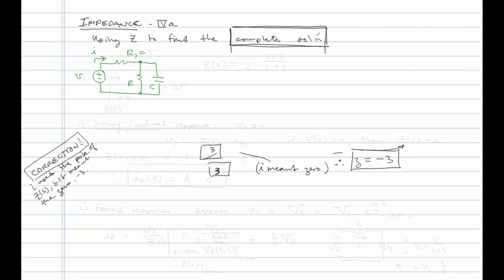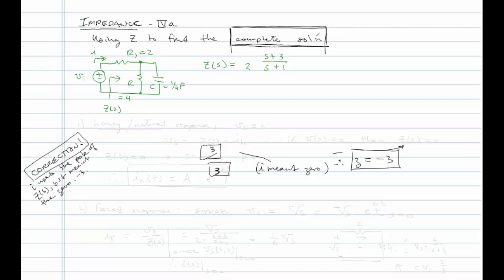We were given R1 is 2, R is 4, C is 1/4 of a farad. And we had already found that the impedance function, looking into this terminal, was Z(s) = 2 times (s + 3) over (s + 1).